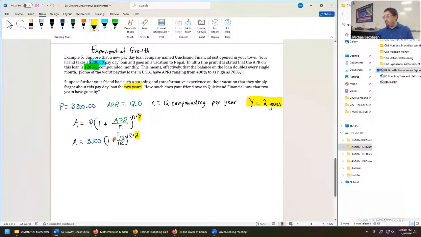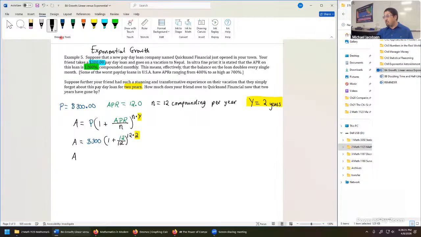So when we look at this, the format of this whole thing right here is entirely the same as what we did on example 2 with the milkweed. Only difference was the number of compoundings had to be factored into this problem. And so that's why we have division by 12 here. So that's all the information plugged in.